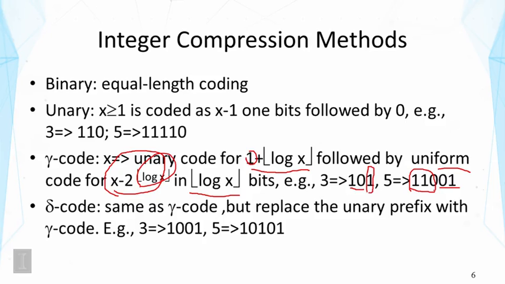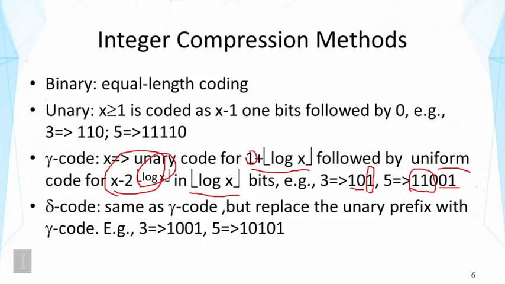It's also true that the form of a gamma code is always with first an odd number of bits, and in the center there is a 0. That's the end of the unary code. And before that, on the left side of this 0, there will be all 1s. And on the right side of this 0, it's binary coding or uniform coding.